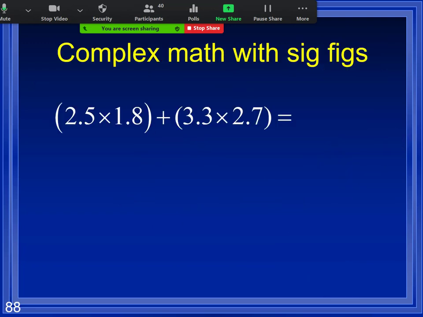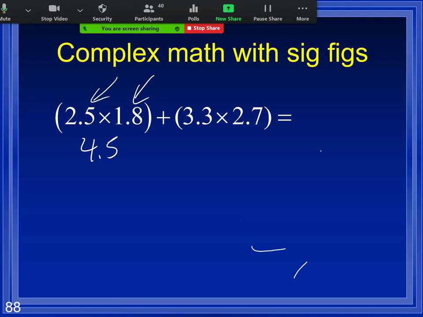Let's try something as simple as this. 2.5 times 1.8 plus 3.3 times 2.7. Okay. We're going to do the multiplication first. So 2.5 times 1.8 equals, on my calculator, 4.5. This has 2 sig figs.